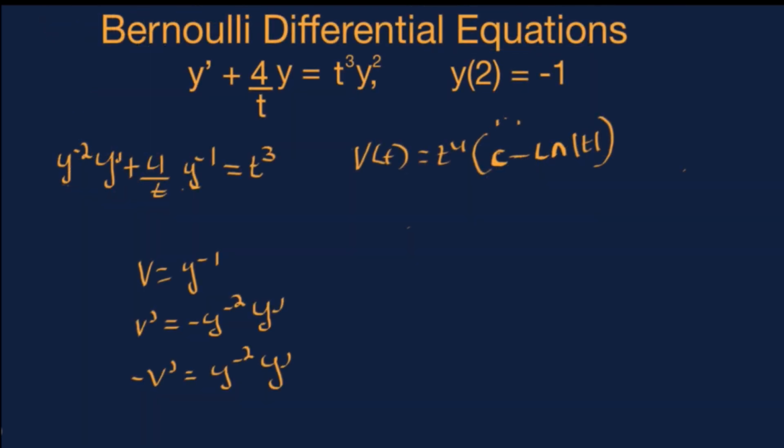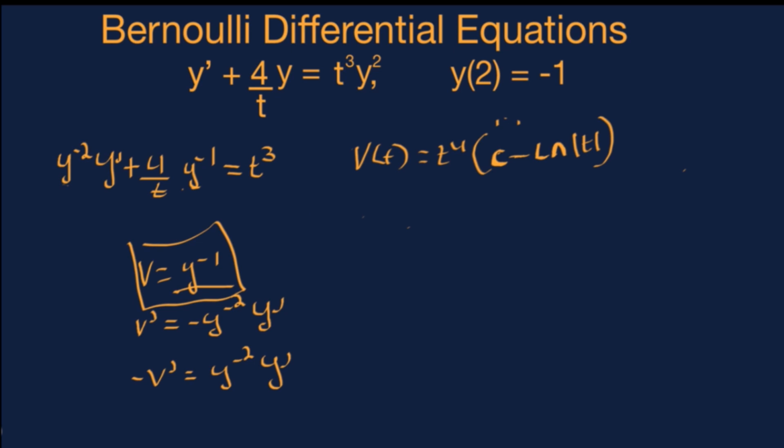So now that we have solved the linear equation in terms of v, we can back substitute and make the equation in terms of y. Now remember that we said v was equal to y to the -1.